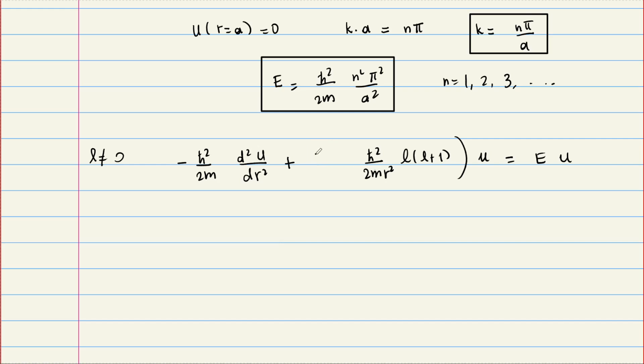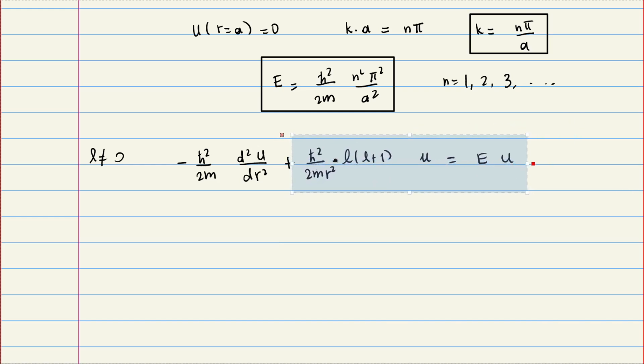The problem with this r squared here is that things are not simple sines and cosines, but they are kind of like sines and cosines. Let me write the solutions, and then I will try to convince you.